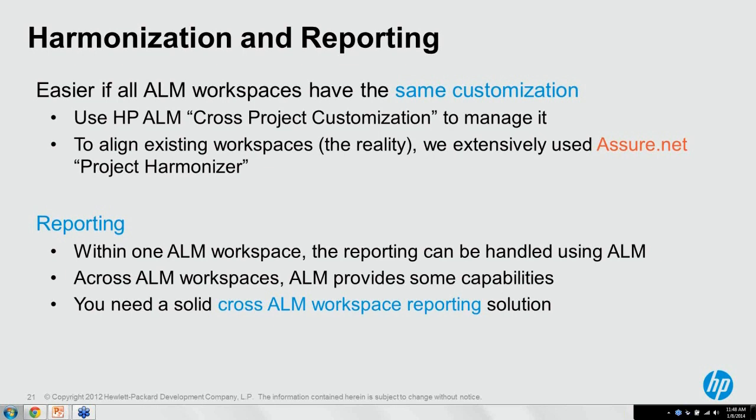And very often what we have seen is that the need is around reporting. So, for example, if you have one project that has declared that the defect severity that is urgent is called urgent, and the other one is called red, then between urgent and red, you are going to have an issue, because the reporting will have to be custom to accommodate those two ALM projects, and that's going to be an issue for you.